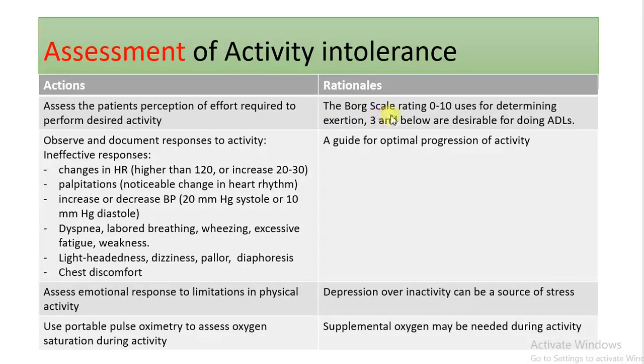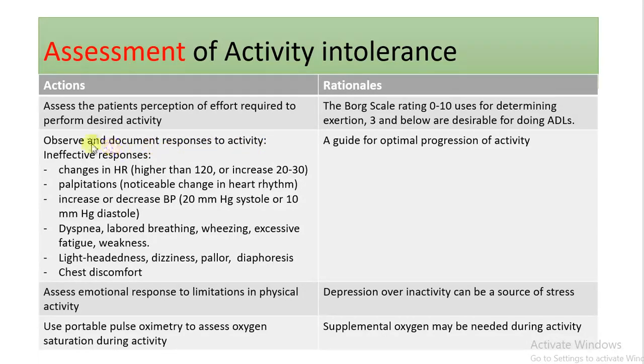As I said, the Borg scale is great, and if the patient scores 3 or below, it is desirable for daily activities. Another assessment is to observe and document responses to activity.